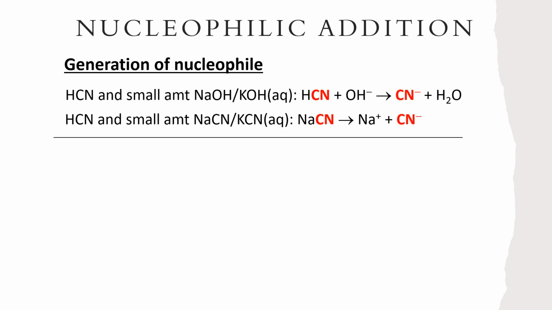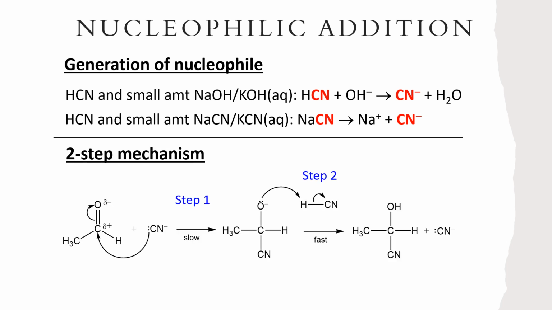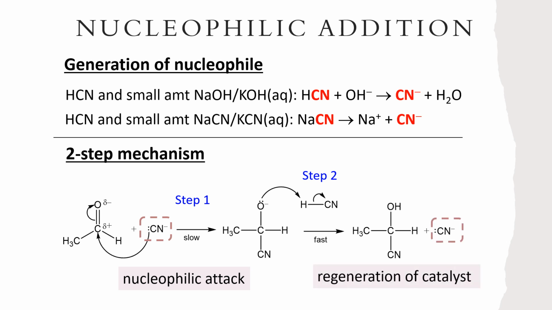Following the generation of nucleophiles is a two-step mechanism involving the carbonyl compound. The first step shows that CN- is acting as a nucleophile. The second step shows the regeneration of CN-.